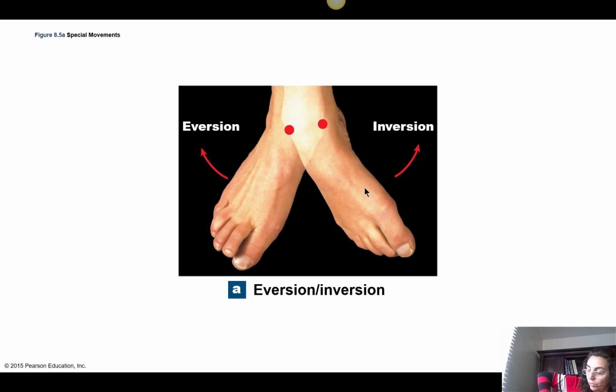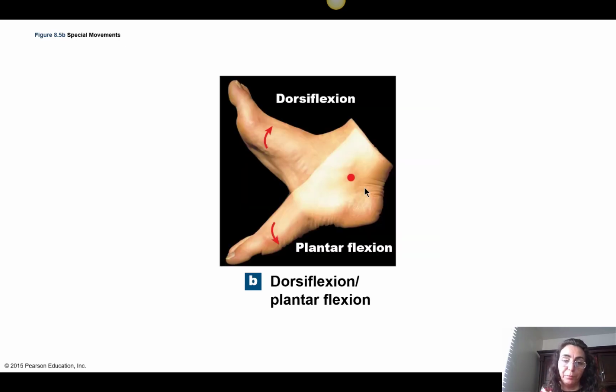This is the medial side, and imagine this is the lateral side, like my body, right? If I bring this medial side up, this is inversion, right? If I bring the lateral side up, that is eversion, right? So that's inversion and eversion.